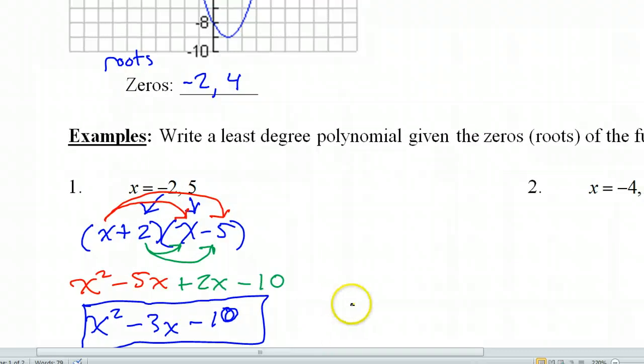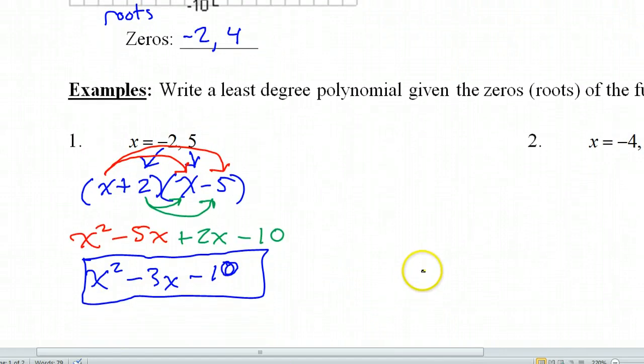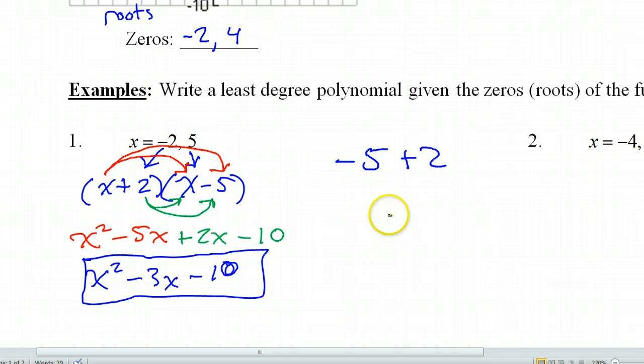Why isn't it plus 3x minus 10? Because it's negative 5. We have a negative 5 and a positive 2. If I do negative 5 plus 2, which is bigger, the negatives or the positives? Negative 5 is like 5 negatives.